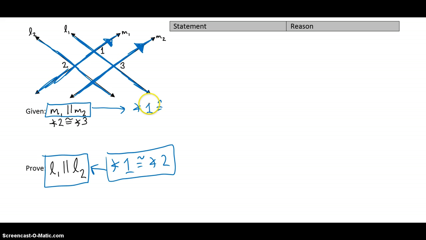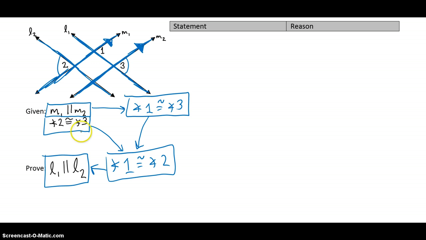So because line M1 is parallel to M2, angle 1 and angle 3 will be congruent. Now I also know that 2 and 3 are congruent. That's given to me. So if 1 is congruent to 3 and 2 is congruent to 3, we know that 1 and 2 have to be congruent.